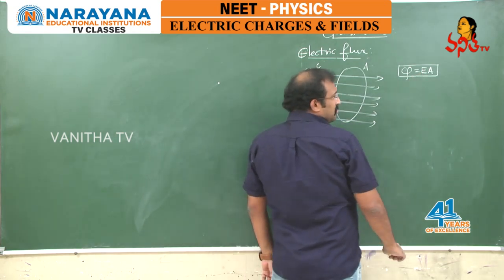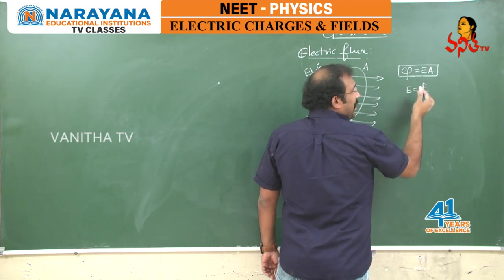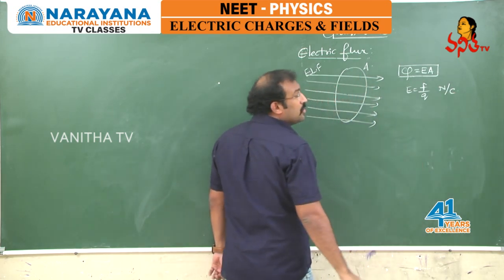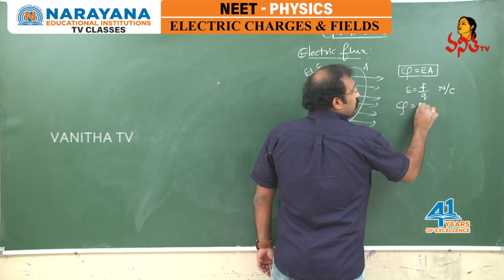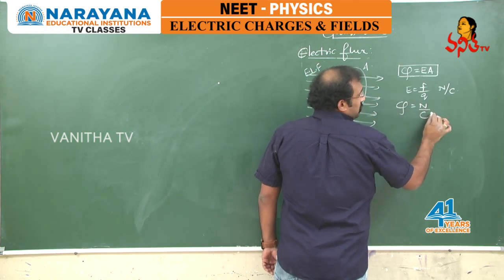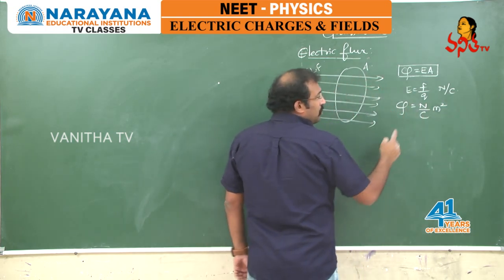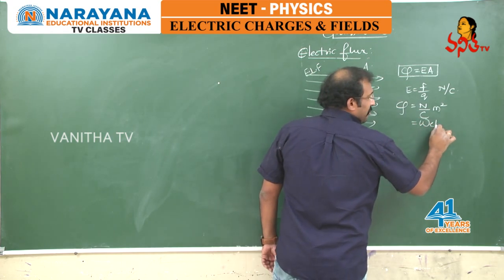We already know that electric field is force by charge, so which is Newton per Coulomb. So this is Newton per Coulomb into area. Area is represented by meter square. So Newton meter square per Coulomb, which is also known as Weber.